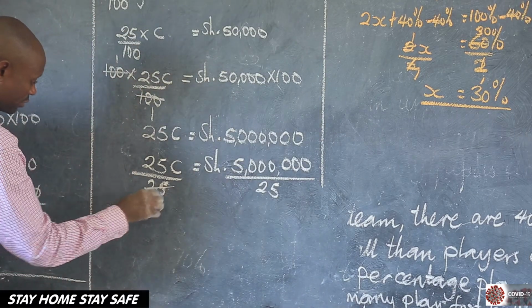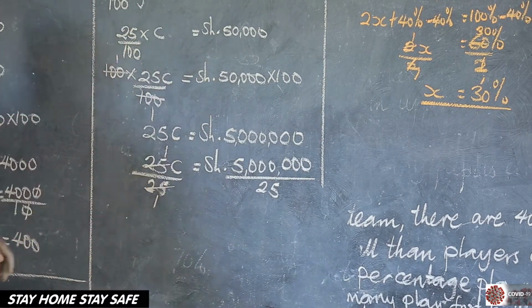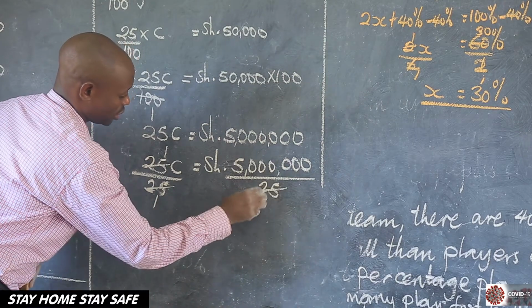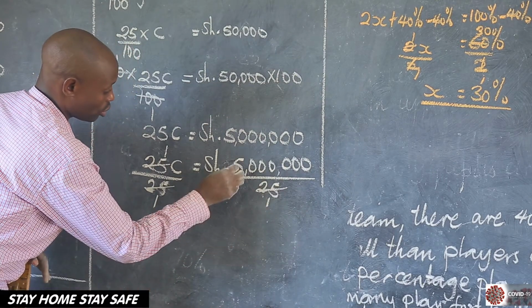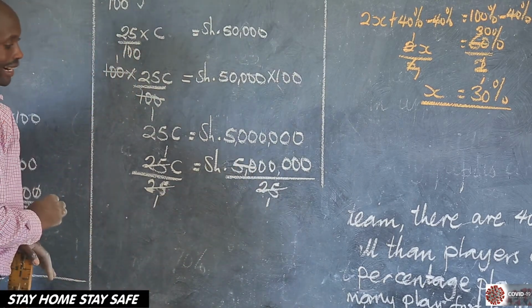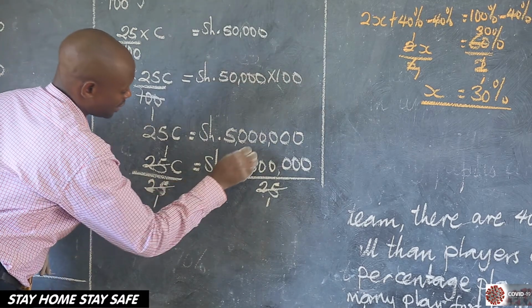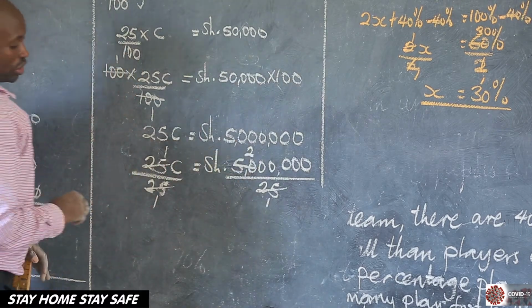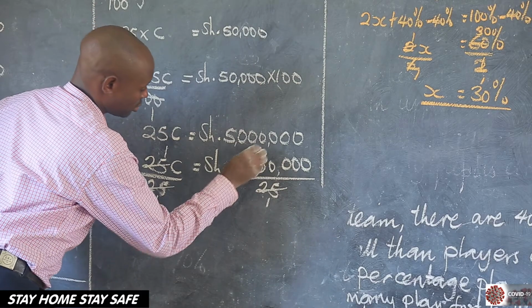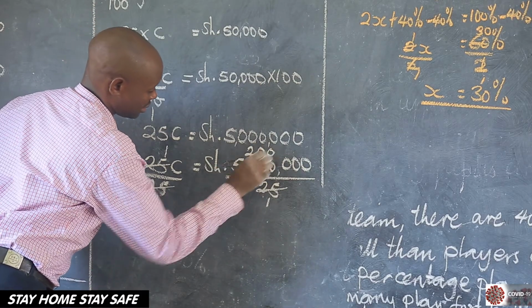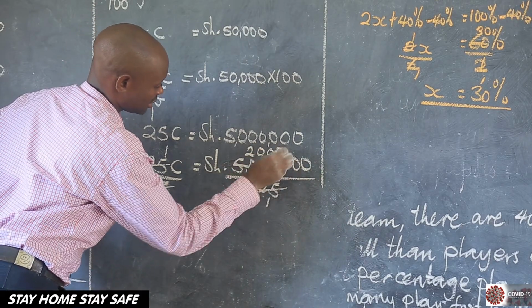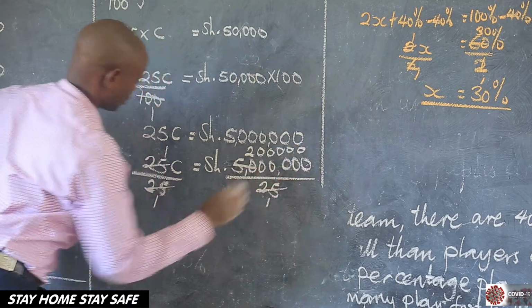So by 25 once, by 25 once. 25 goes into 50 how many times? In 50, you will find that it is 2. Then in 0, it is going to be 0, in 0, 0, in this 0, 0, in this one, 0.